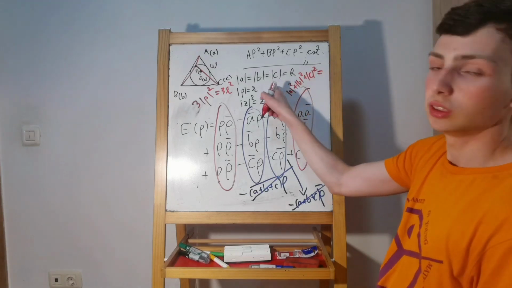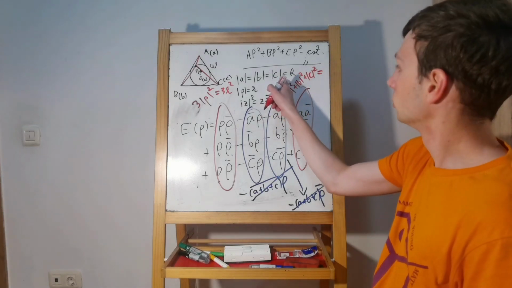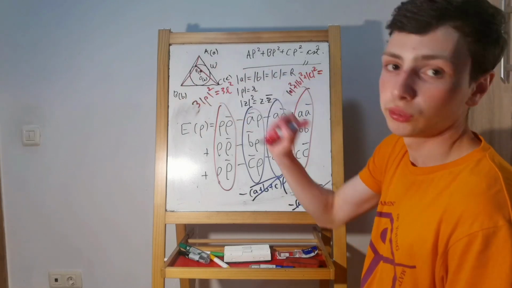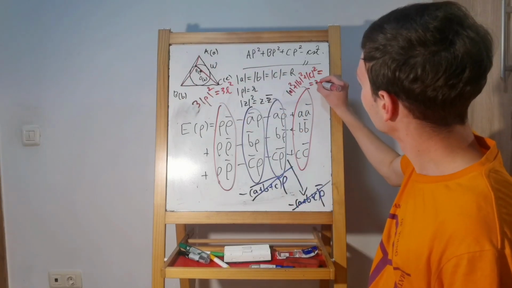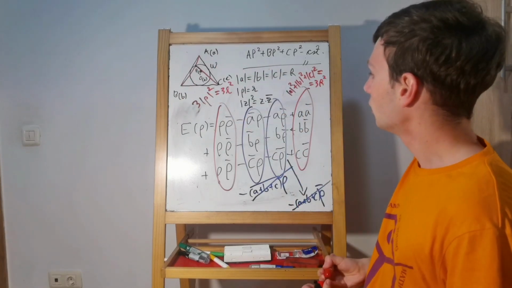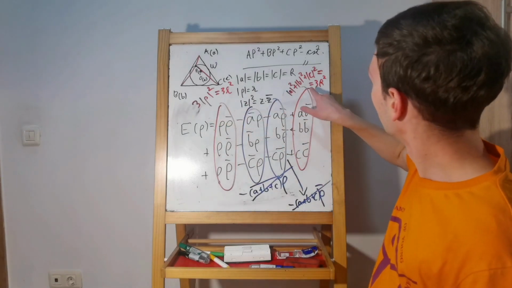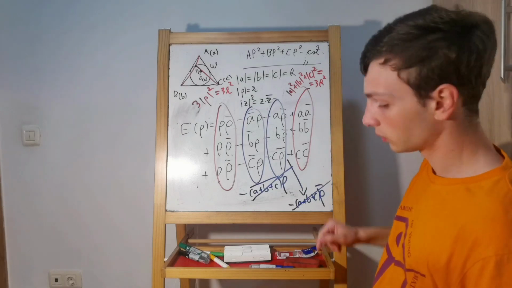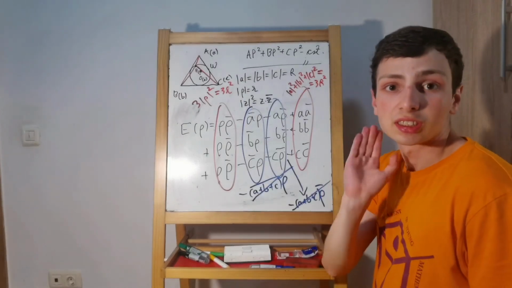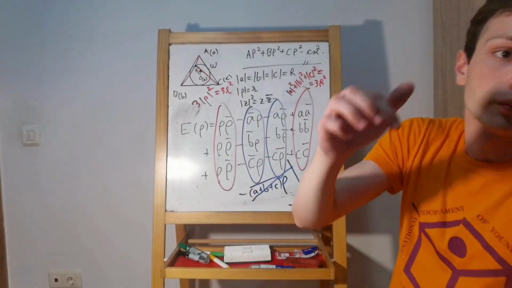And since these three are equal to the radius, this would be just 3r squared. Oh, right, so we're left with 3 small r squared plus 3 big R squared. Let me just rewrite it for you.